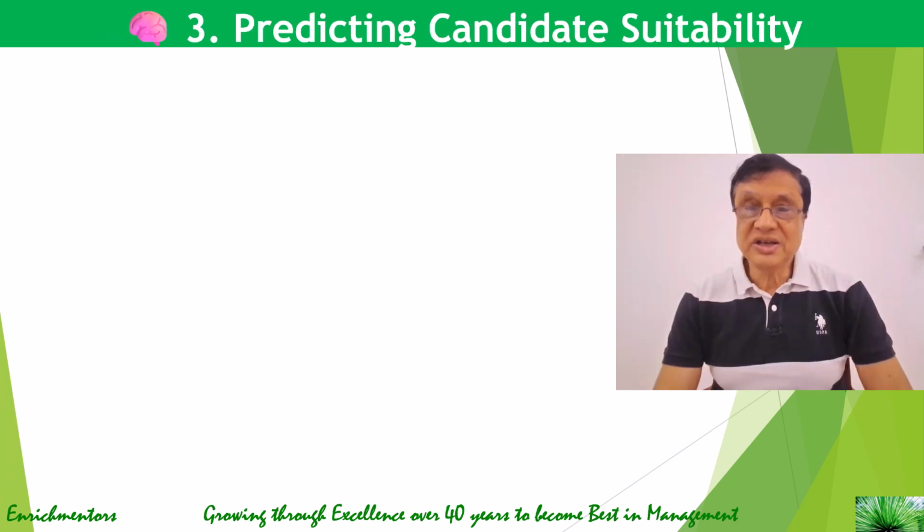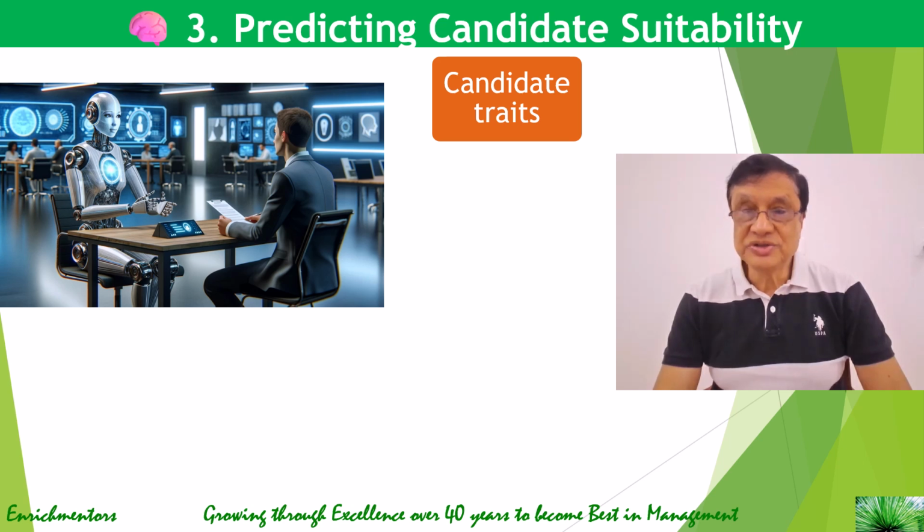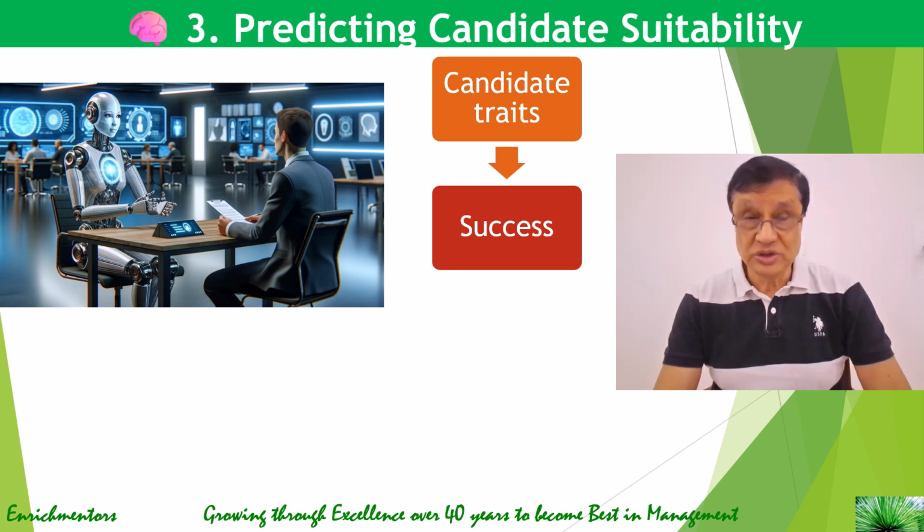Then it predicts the candidate suitability. There it uses machine learning models that are trained on historical hiring data, which it analyzes for candidate traits that have led to success. So it looks at what traits have led to successfully hiring candidates and their performing well in the company.